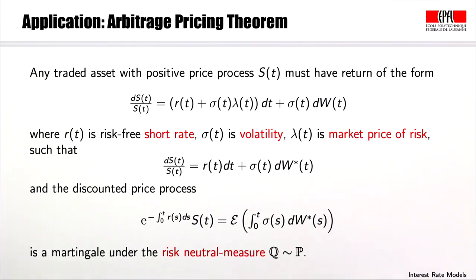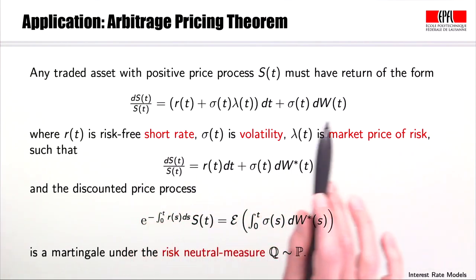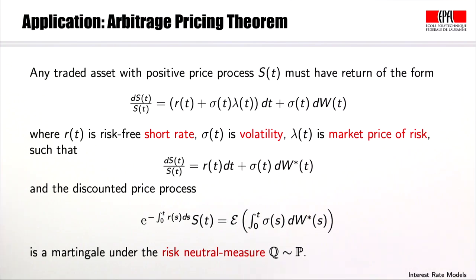Here is a very important application of the Girsanov theorem in financial modeling. It's the arbitrage pricing theorem. It states that any traded asset with a positive price process denoted by S must have a return as shown here. That means the return is decomposed into a drift component and the martingale component.